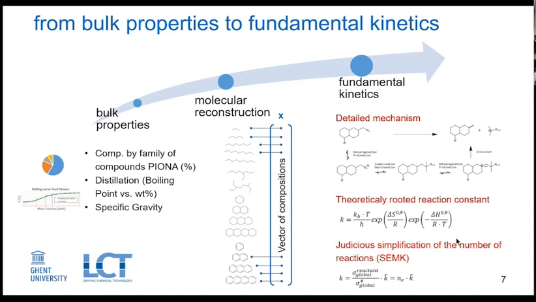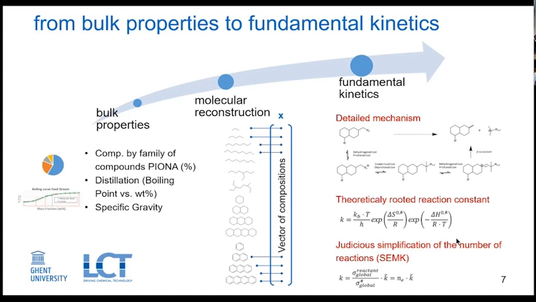It's based on theoretical concepts of transition state theory, with a judicious simplification, using a methodology developed at the University of Ghent. That's the single-event microkinetic methodology, where the different reactions are grouped in types, or classes, of reactions.